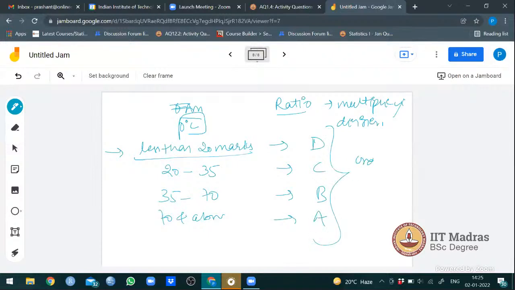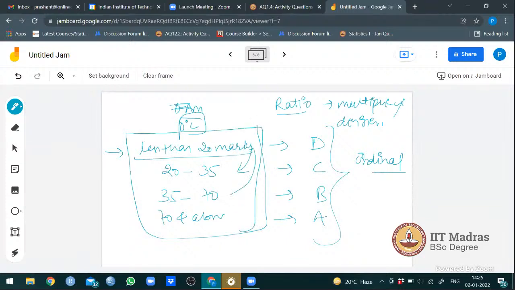If there was no grading like D, C, B, A, then it is interval. If you are making categories and there is an order, it will be ordinal. I can code it like 1 2 3 4 or 0 1 2 3, anything.